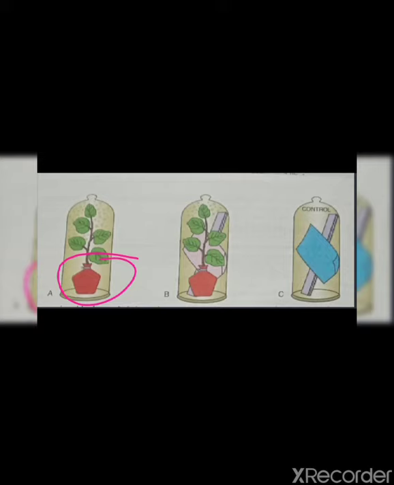And we try to choose a plant in which the leaves are broad. Then we enclose the pot completely within a polythene bag. You can see in this image, the pot is covered with a polythene bag, and then we tie the mouth of the bag around the base of the stem.